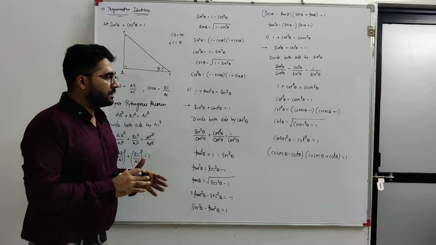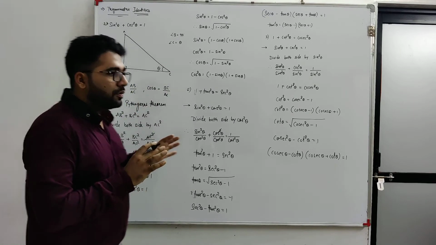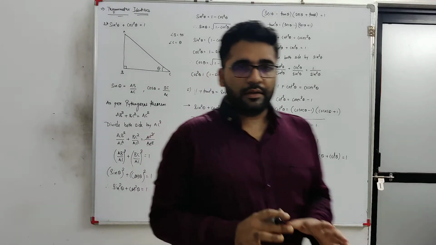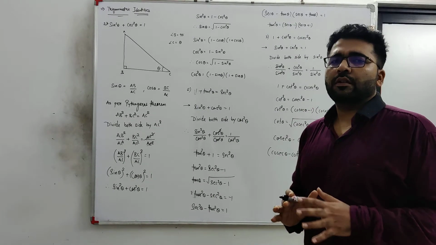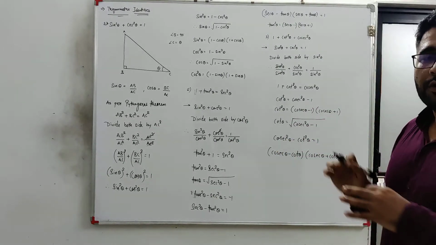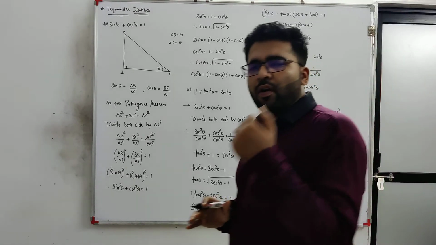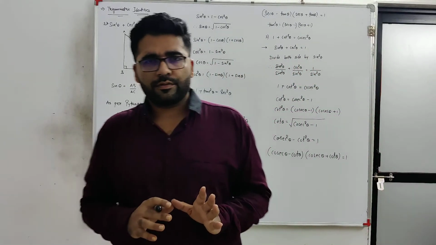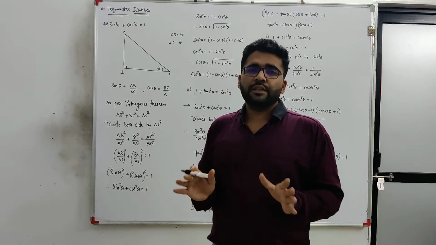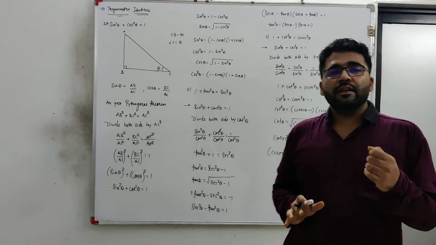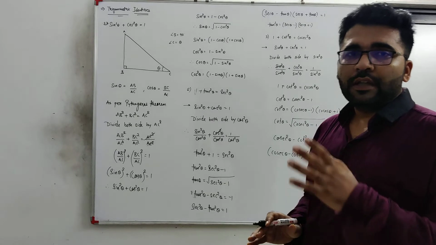So these are the ways that you can change or use the identities. But the easiest way to solve questions based on the identities is to convert all the things into sine and cos. Once you convert everything into sine and cos, it becomes easy to solve.